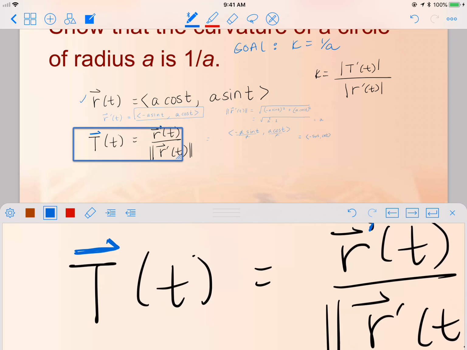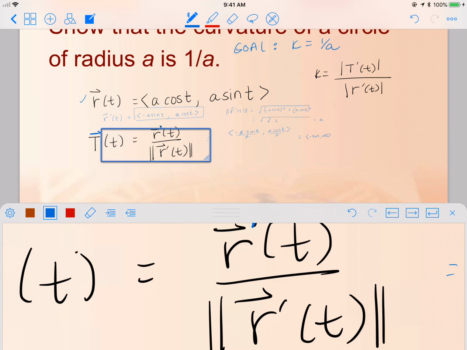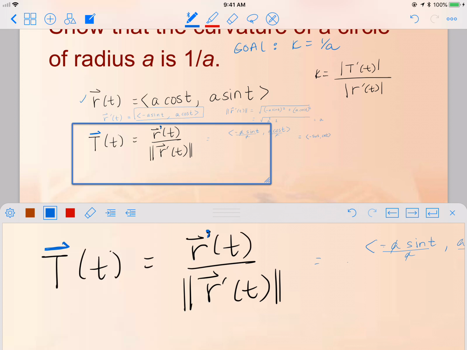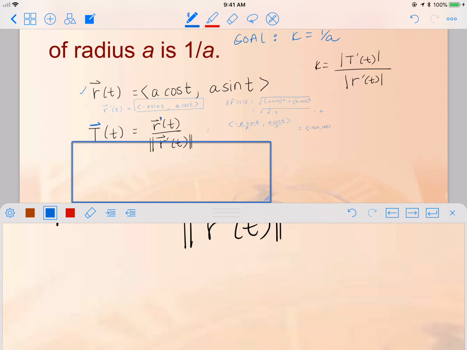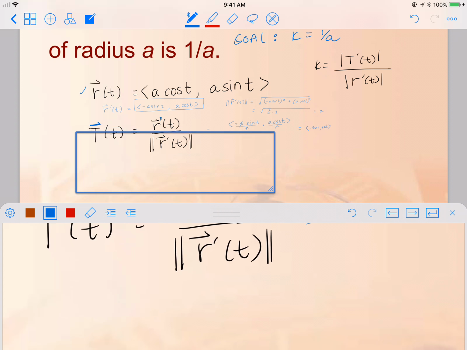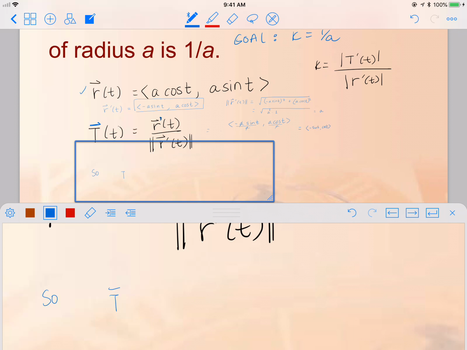So we figured out a formula for our unit tangent vector that doesn't depend on the arc length, it just depends on sine t and cosine t. In this case, arc length would be the length of the part of that circle. So our unit tangent vector is negative sine t, comma, cosine t.